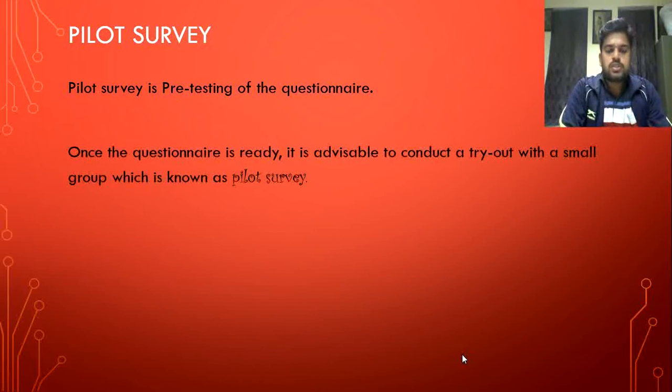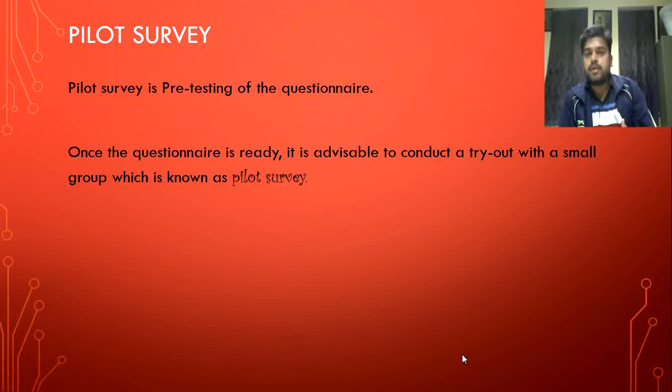Once the questionnaire is ready, it is advisable to conduct a tryout with a small group, which is known as pilot survey. That means you should first use this questionnaire on a small group of your own choice.